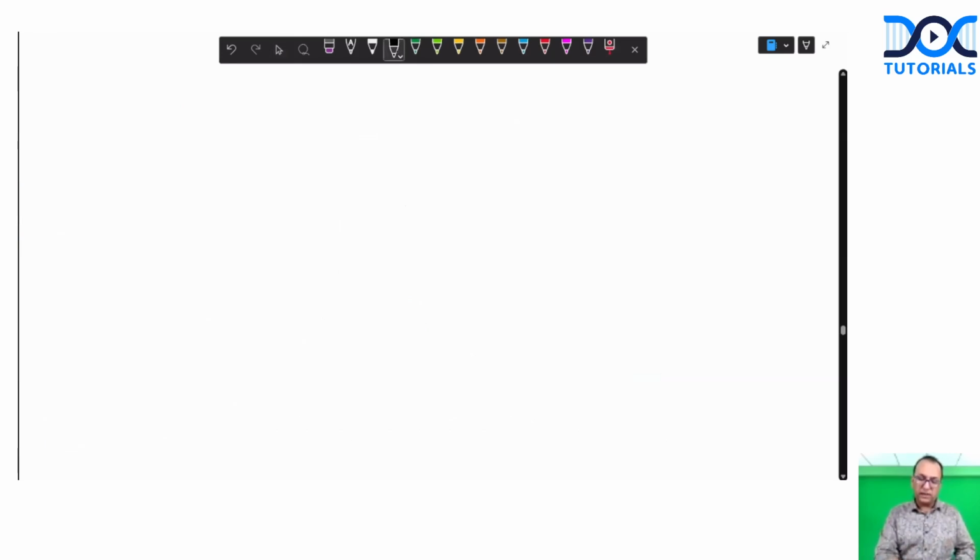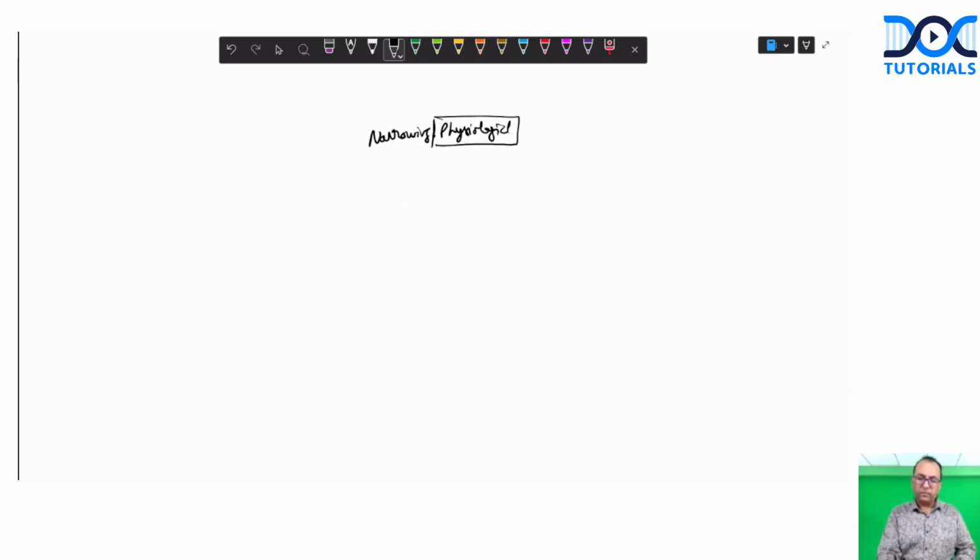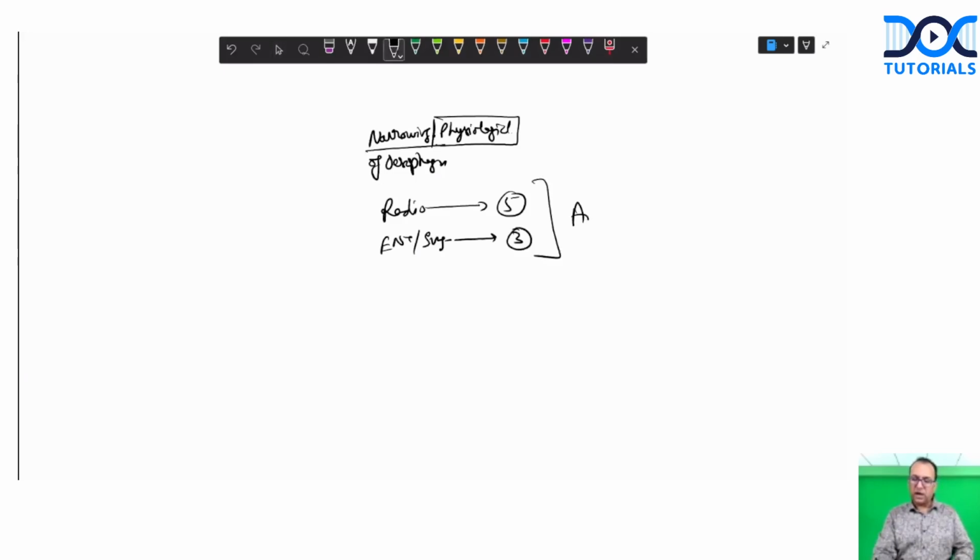If you look at the narrowings in the esophagus, meaning physiological, normal narrowings, radiology people will say there are 5 narrowings. ENT and surgery people say there are 3 narrowings. And anatomy people say there are 4 narrowings.